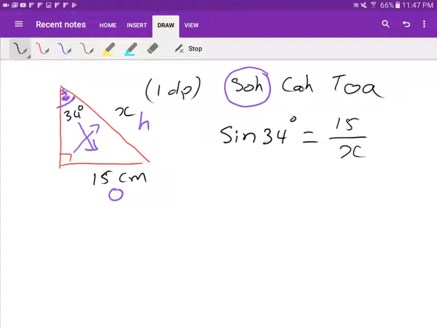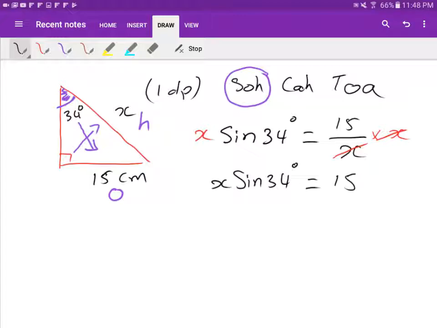Now, this question is slightly different from the previous questions because the pronumeral is down the bottom. So what we need to do is get rid of the bottom. So we times both sides by x, so these cancel out. Therefore, your answer is x sine 34 degrees equals 15.